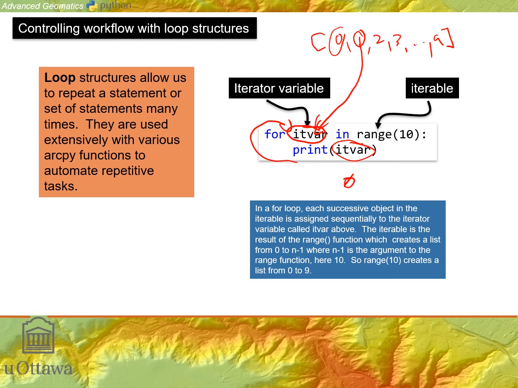And then the next output is 1. So it's printing it. And then next time through, it's going to be 2. So it prints a 2 here, all the way up to 9. And when 9, that's the last one, it will start to execute things after the loop. Any statements that might be down here.